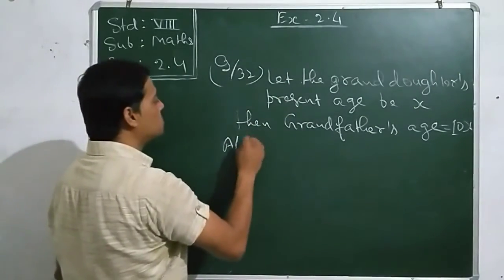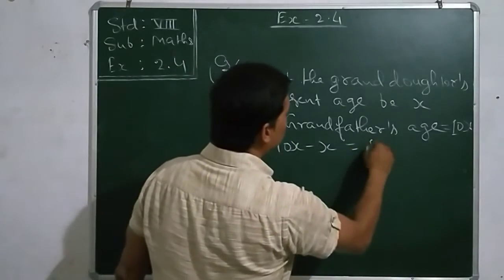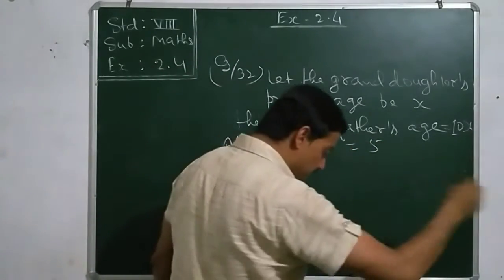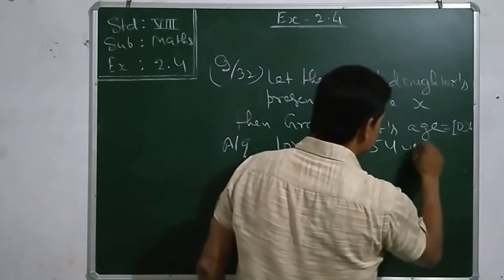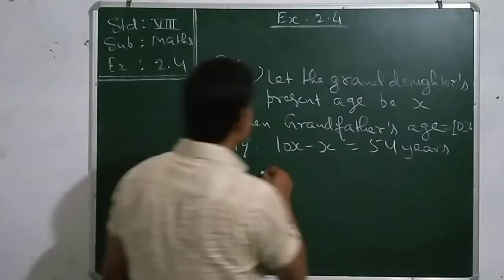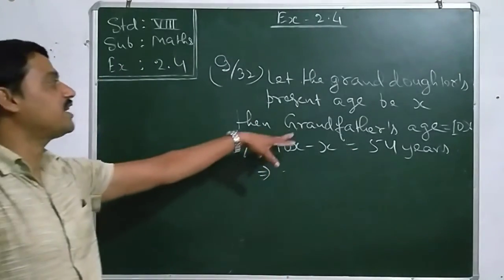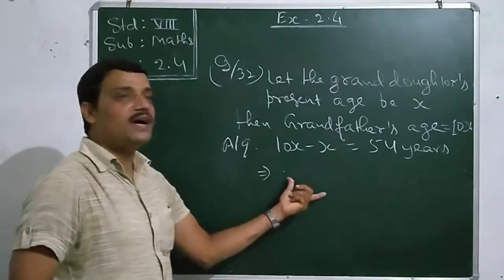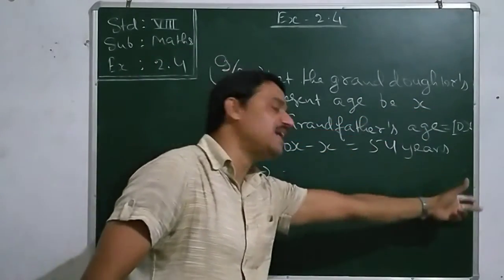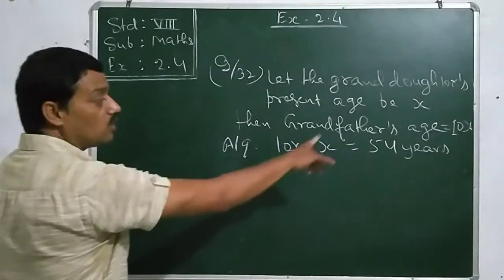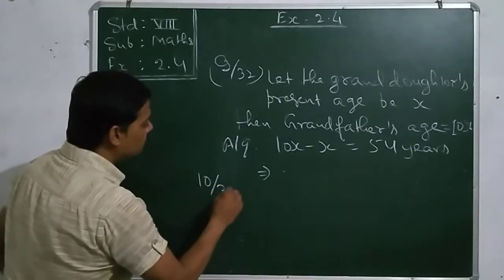So according to question, 10x minus x equal to 54 years. Now solve this equation for x. You will get the value of x. Once you get the value of x, you can find out the age of granddaughter as well as grandfather.